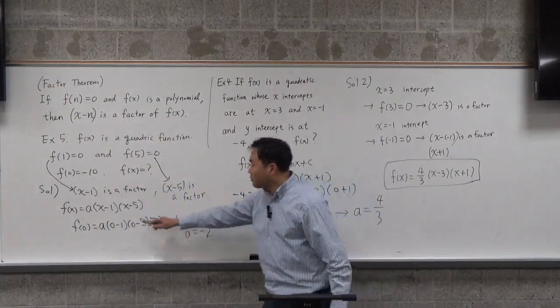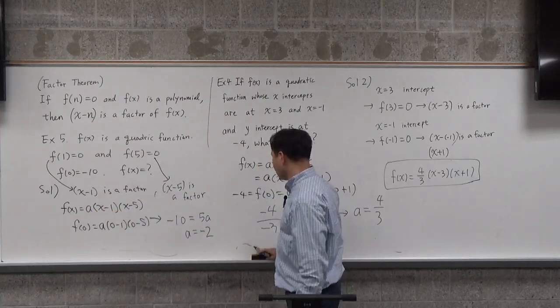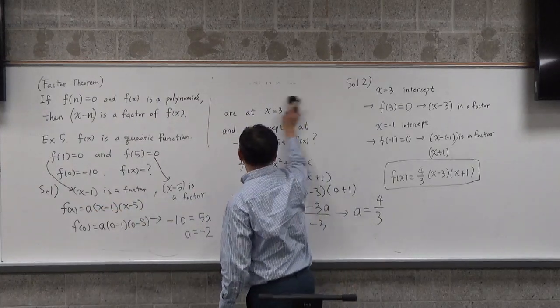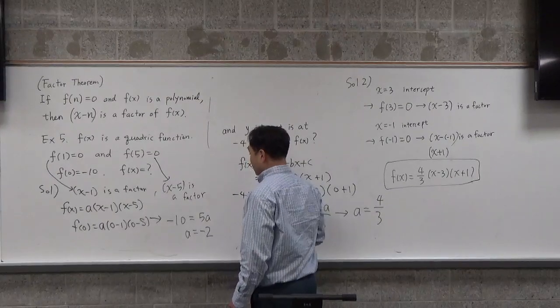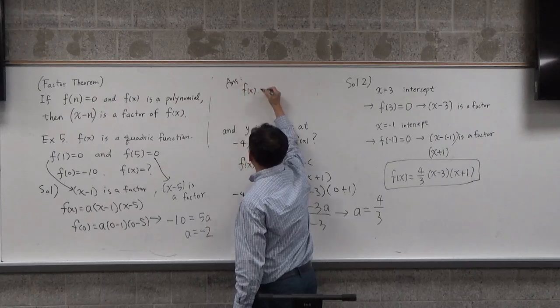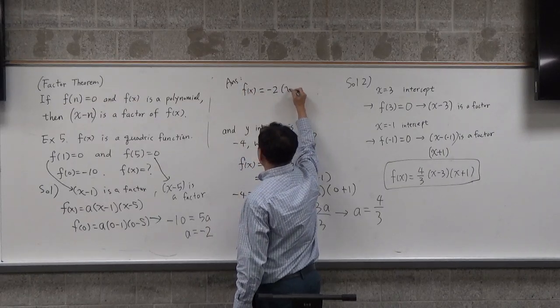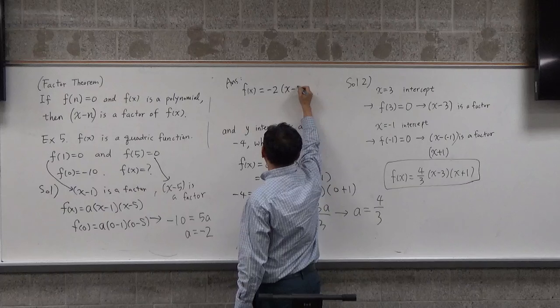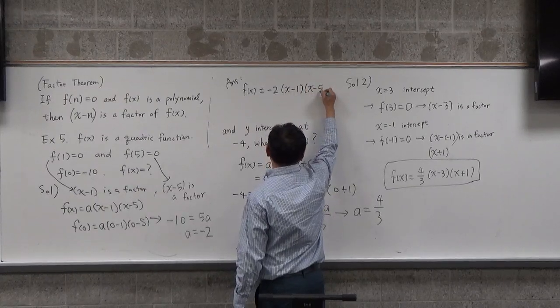And now you plug that back in here, and that's the answer. So the answer is f of x equals negative 2 times x minus 1 times x minus 5.